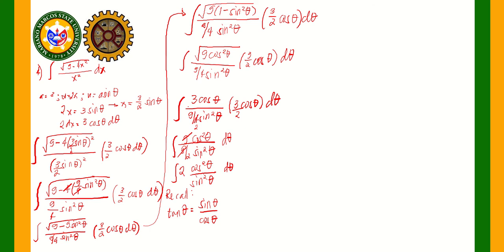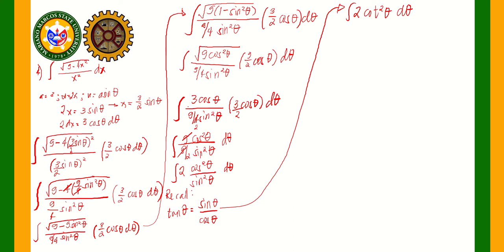So we can say that our cosine squared theta over sine squared theta is equal to cotangent squared theta. Okay? So we can have 2 times the cotangent squared theta d theta. And from here, we can now integrate. So what is the integral of cotangent squared theta? That is equal to negative cotangent theta minus theta plus c.